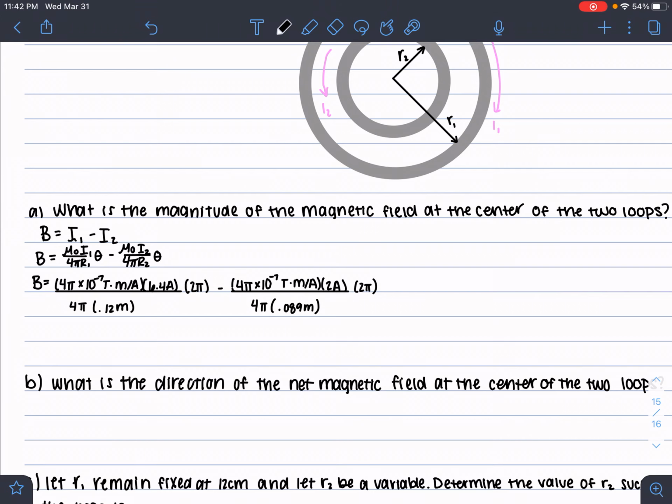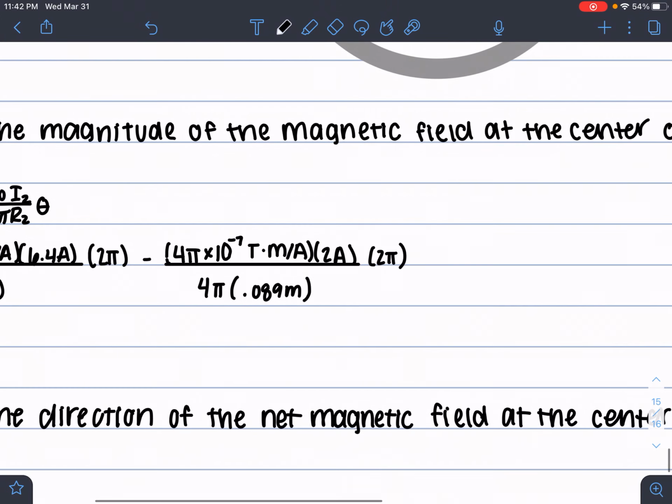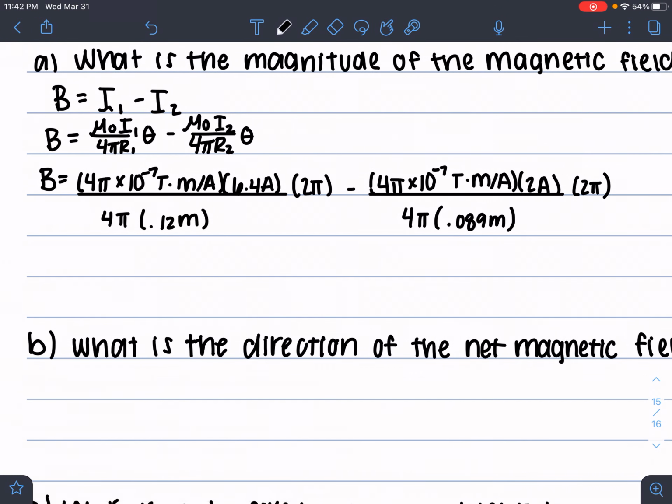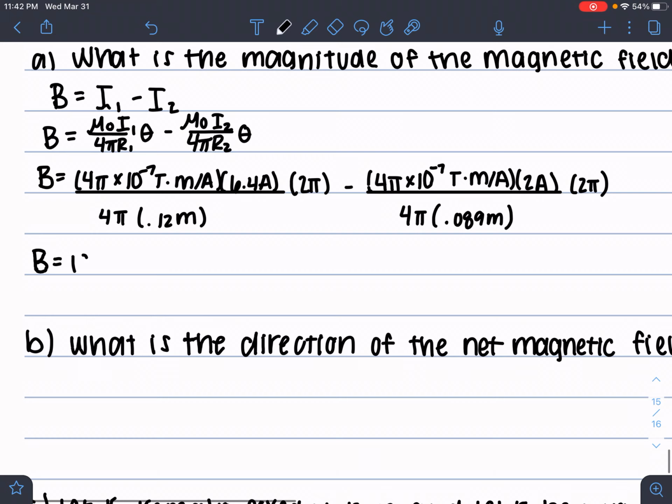Never mind. So this is going to cancel with this, and it's going to leave a 2 down here. Okay. And then this is equal to 19.4 microteslas.